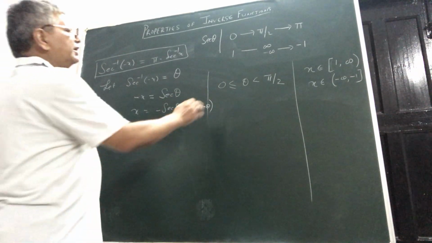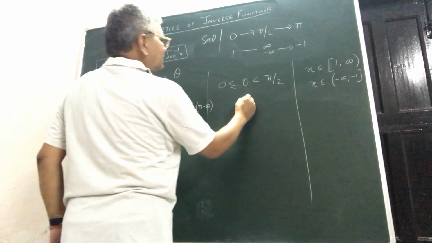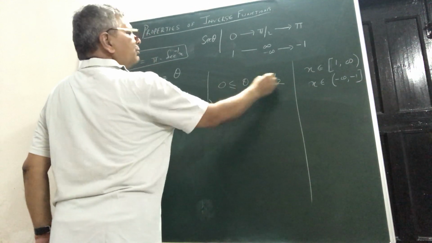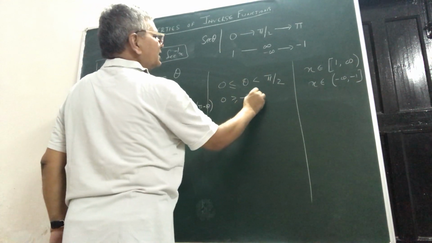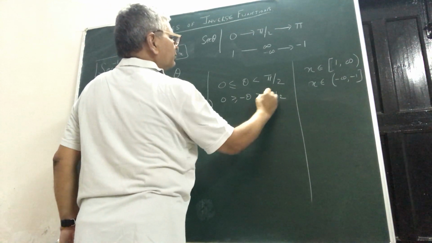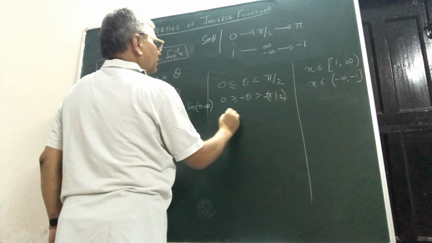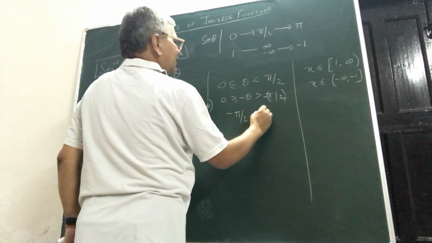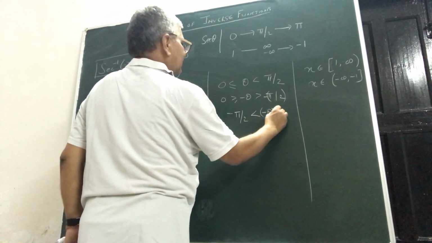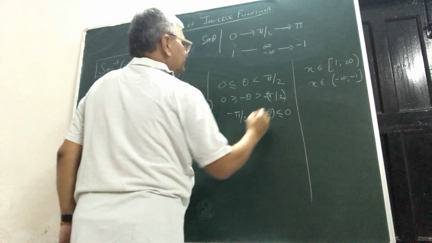So if theta is here, minus theta will be here. If you multiply throughout with minus, you get 0 is greater than minus theta is greater than minus pi by 2. So it means minus pi by 2 is less than minus theta is less than or equal to 0.